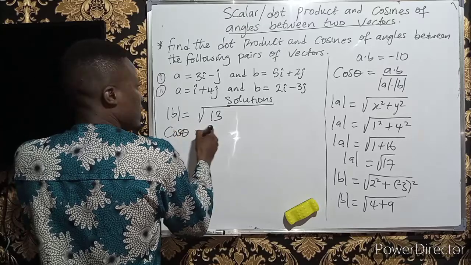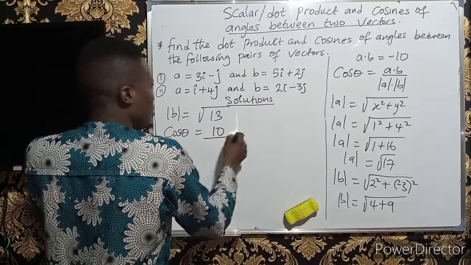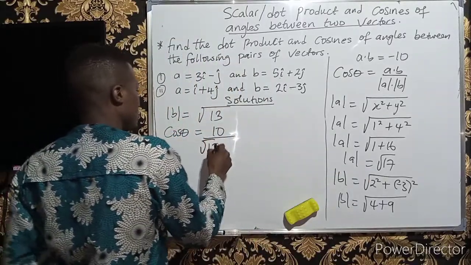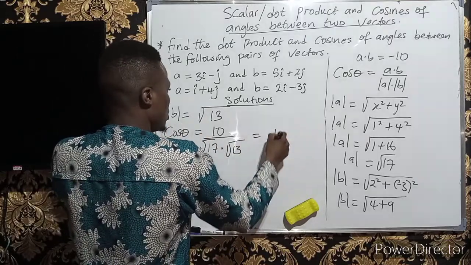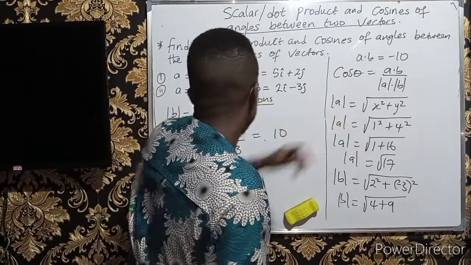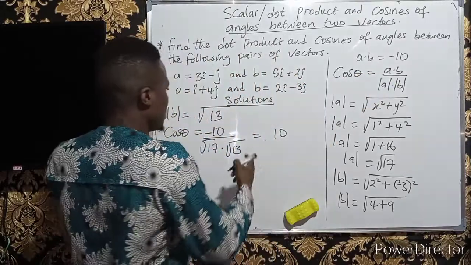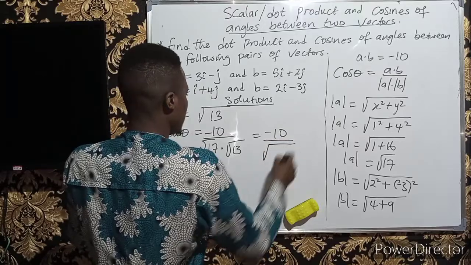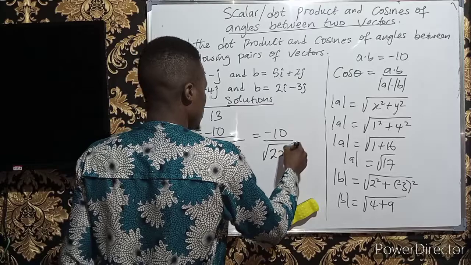So our cos theta will now be a dot b, which is 10, as you can see there, all over modulus of a, which is root 17, times modulus of b, which is root 13. Remember this a dot b is minus 10, not just 10. Minus 10, not 10. So we shall have it as minus 10 over root of 17 times 13, which is 221. So we shall have root 221.